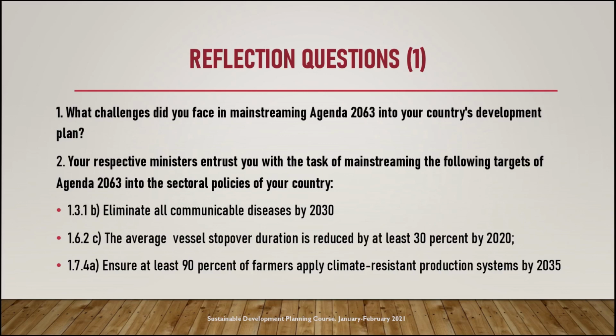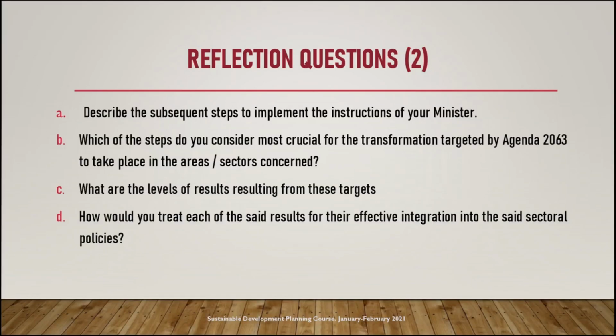The first target is eliminate all communicable disease by 2030. The second one, the average vessel stopover duration is reduced by at least 30% by 2020. And third, ensure at least 90% of farmers apply climate-resistant production systems by 2035.